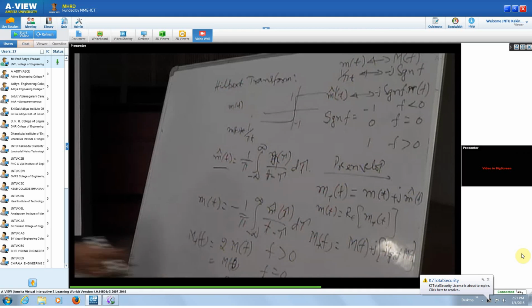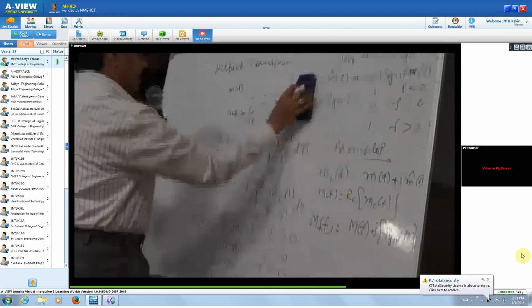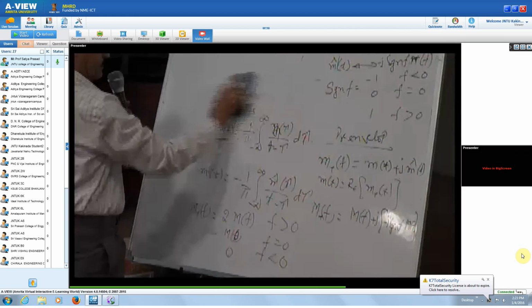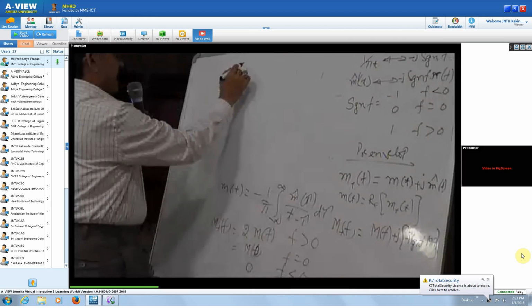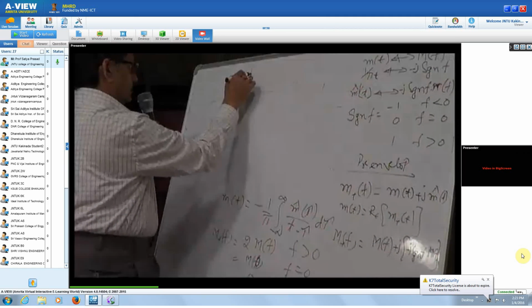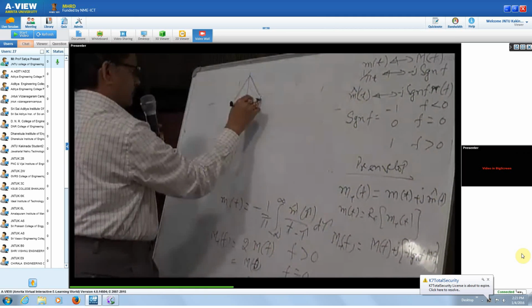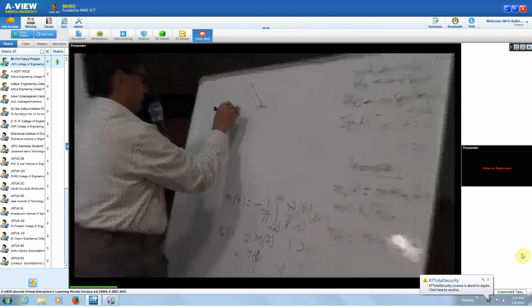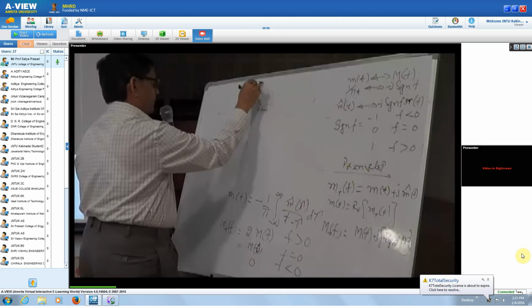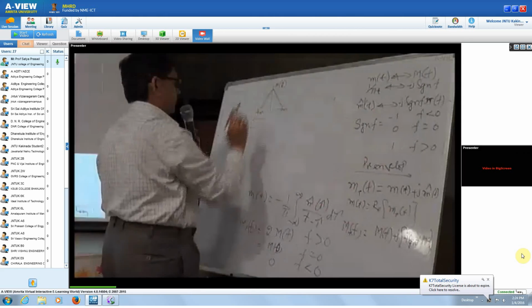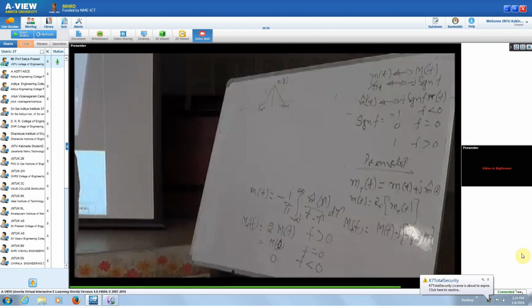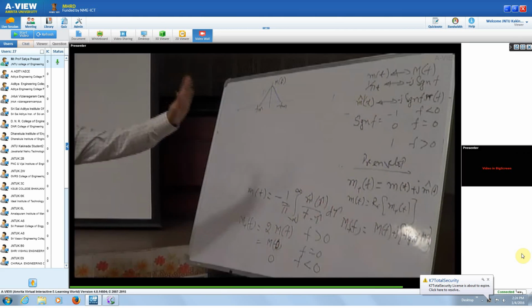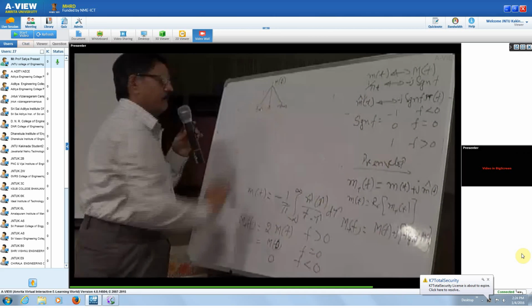So what does it give rise to? Suppose we have this as our baseband signal, m of f from minus fm to fm.